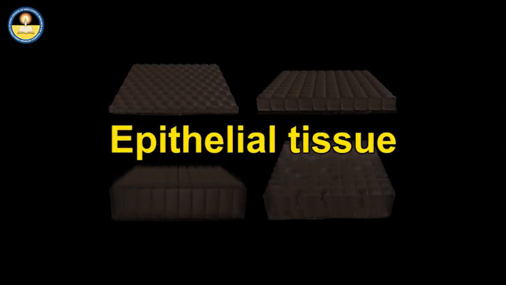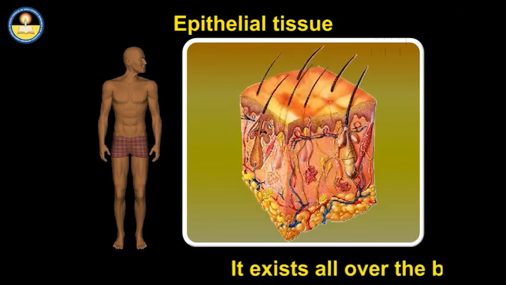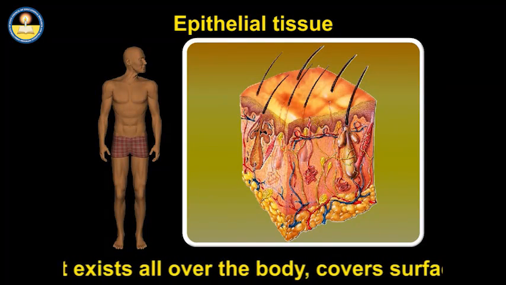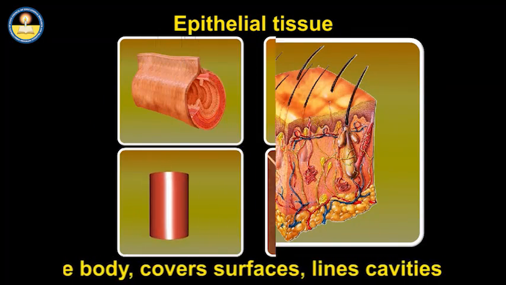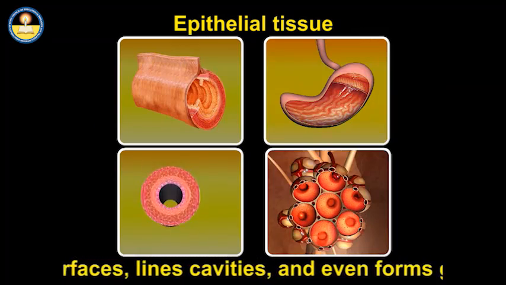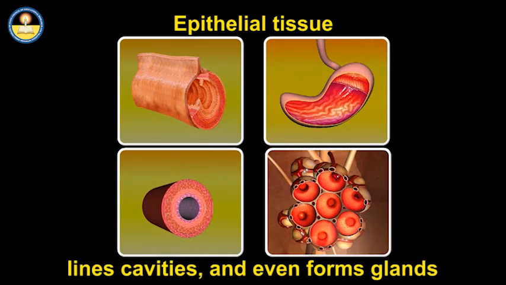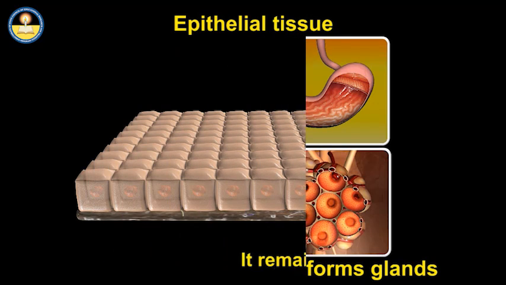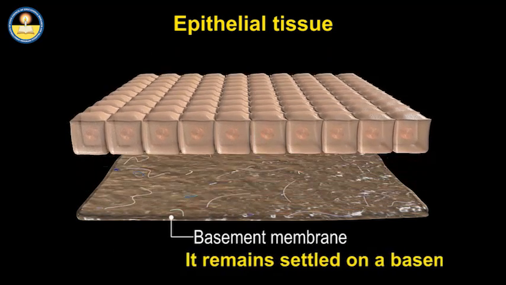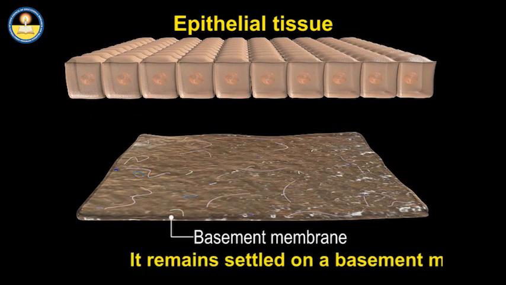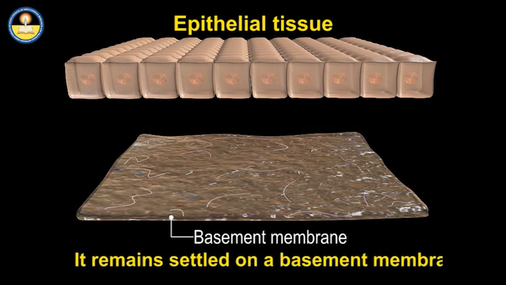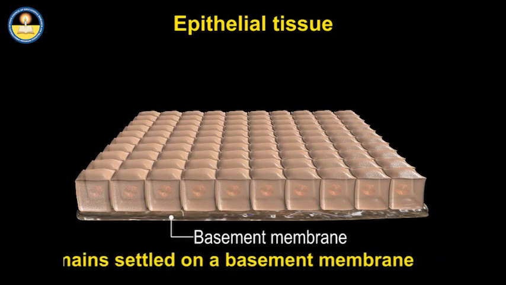Let us revise the epithelial tissue. This tissue exists all over the body, covers surfaces, lines cavities, and even forms glands. The epithelial cells are set on a thin, non-cellular, gelatinous basement membrane.